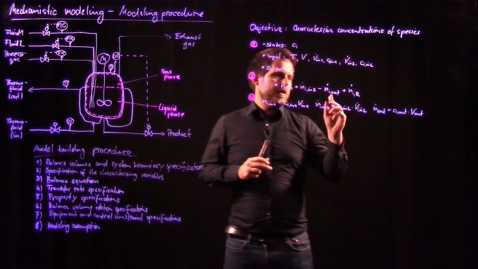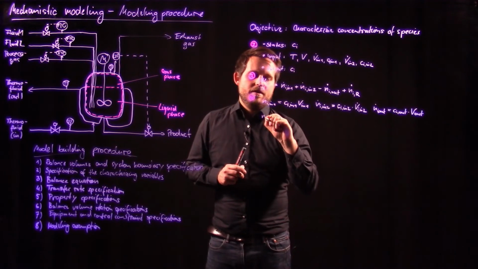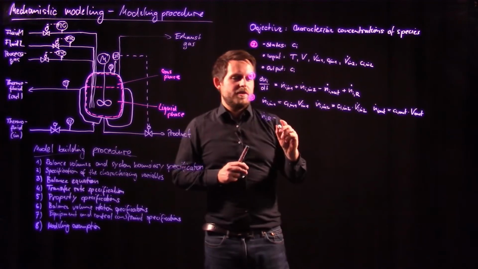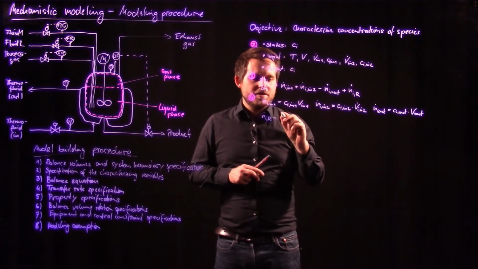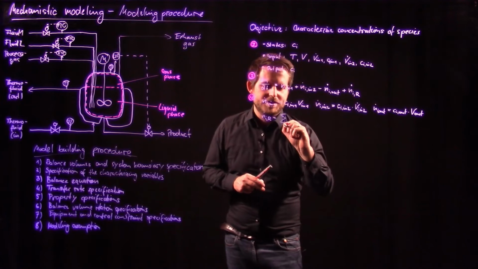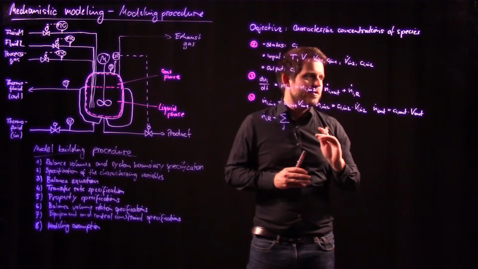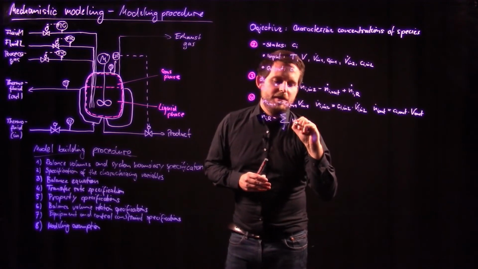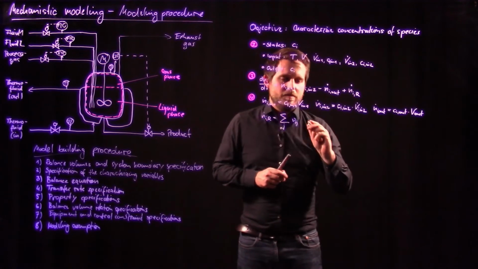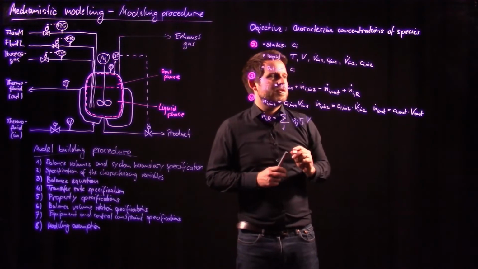Then we have to deal with this reaction term as well and say, okay, what is this? This is n dot I R. And this can be described by the reaction rates of the different reactions and stoichiometric coefficients. So we have j as an index for the reactions, and we have the stoichiometric coefficients, nu I,j, multiplied by the reaction rate, Rj, multiplied by the reaction volume.